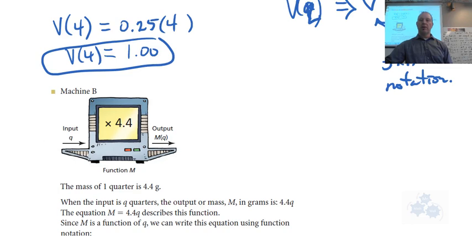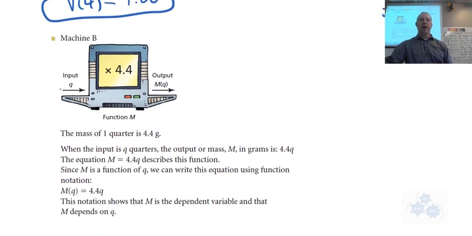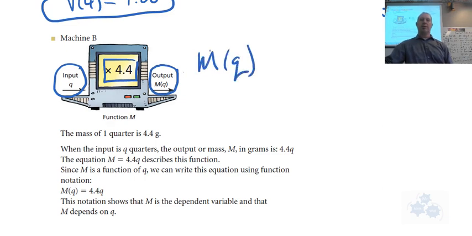Okay, another type of function we could have with quarters is, as was mentioned here, their weights. If you have a number of quarters put in, and if each quarter was 4.4 grams, then you could quickly find out how much they weigh. And here would be the function notation for the output variable. Notice that we have another capital letter. This is uppercase usually. Well, always. We'll always keep that uppercase.